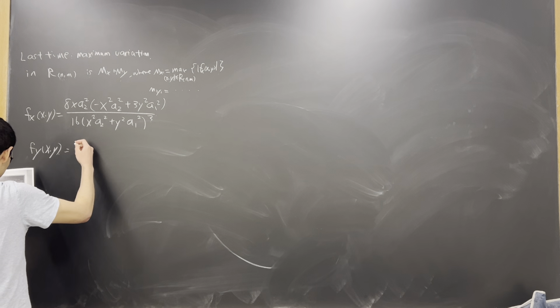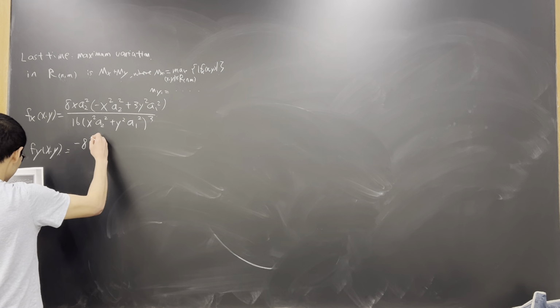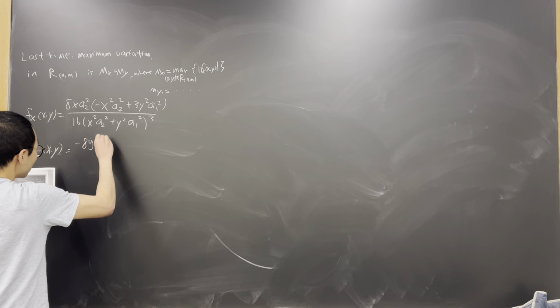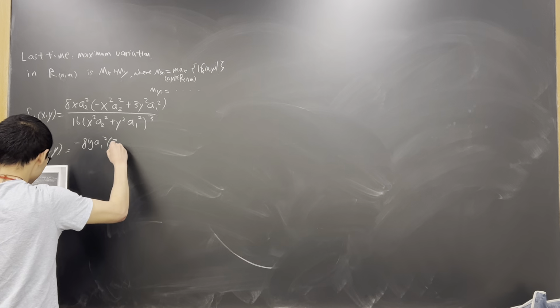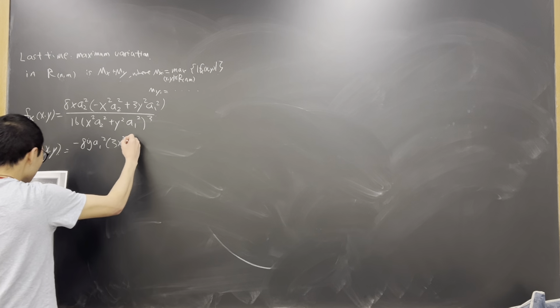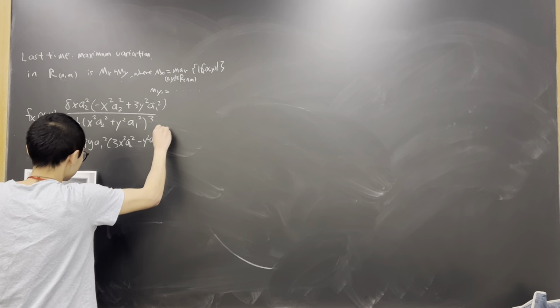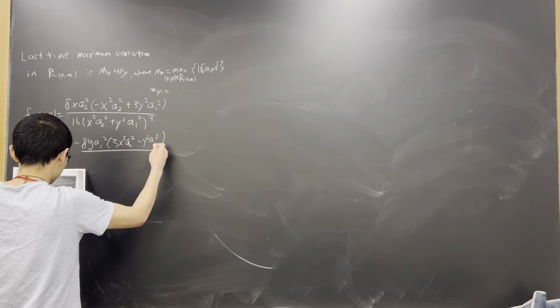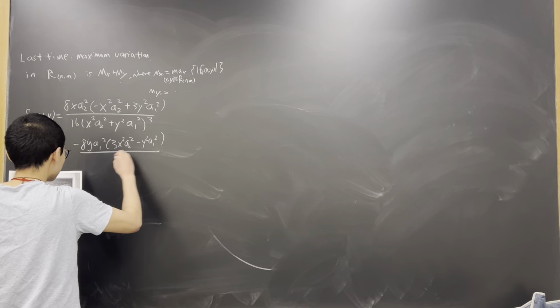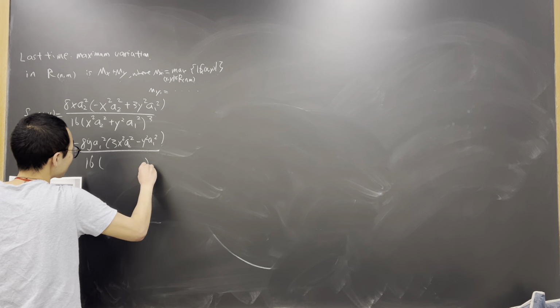This is equal to negative 8y a1 squared times 3x squared a2 squared minus y squared, over 16 cubed.